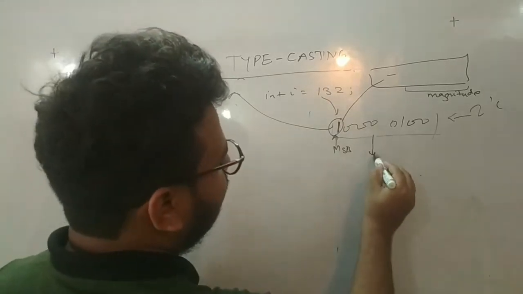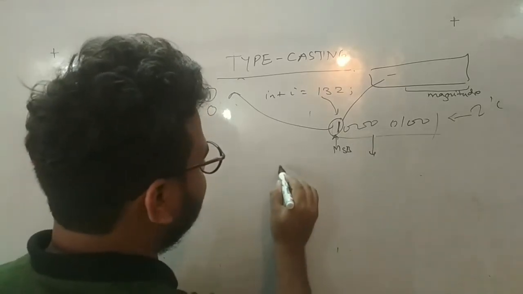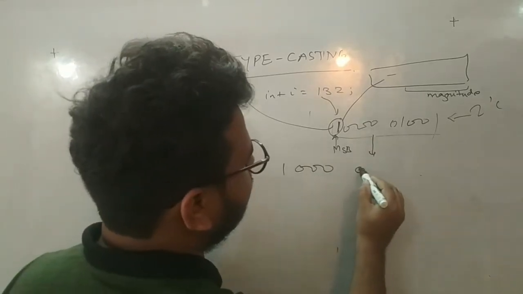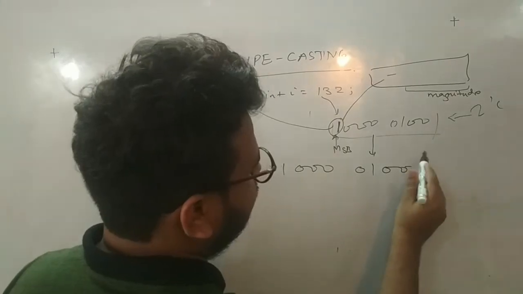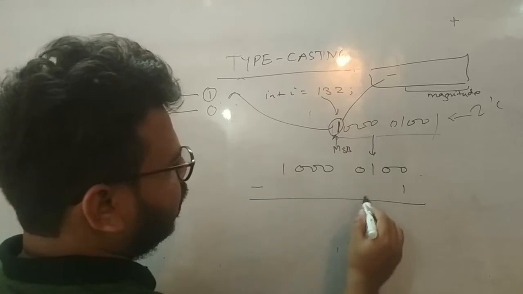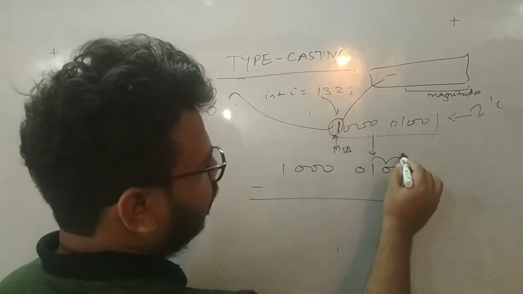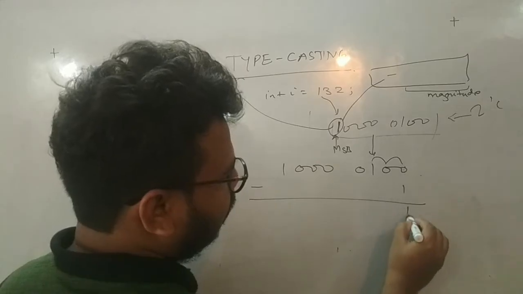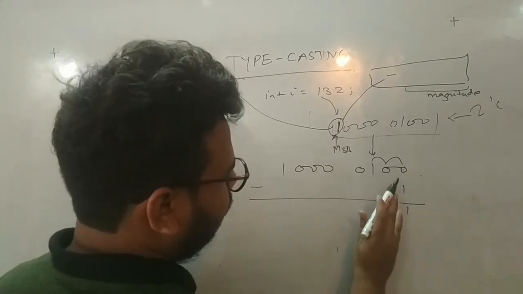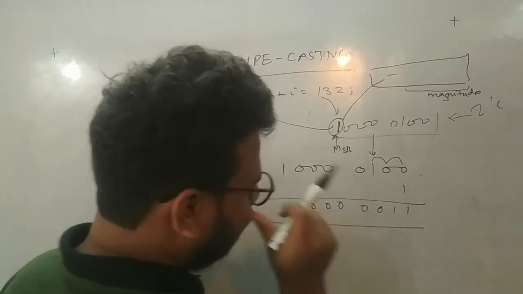So let me write it here clearly: 1 0 0 0 0 1 0 0. First of all, we will subtract 1. The subtraction goes the same way as decimal, it will carry. So 1 0, 2 minus 1 is 1. Here we will have 1 0 0 0 0 0 1 1.